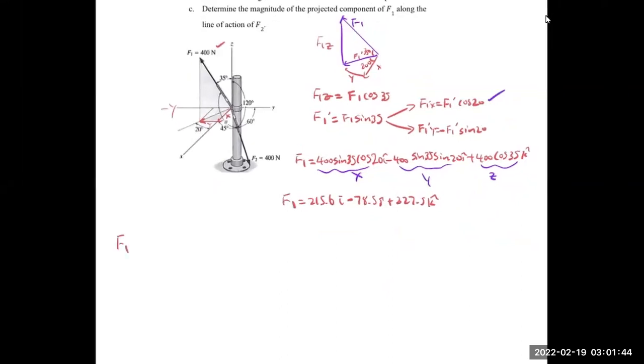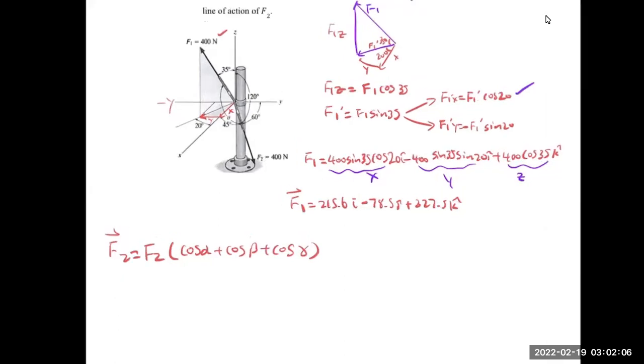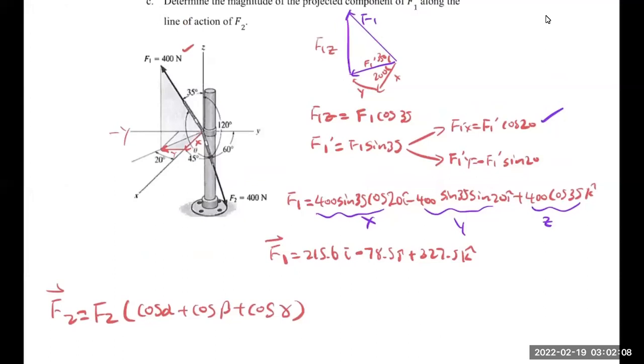I know that my F2 is given by coordinate direction angles, so I will apply the F2 vector equal to cosine alpha plus cosine beta plus cosine gamma. What are my alpha, beta, and gamma? Alpha is from the positive x-axis to F2, which is this 45 right here. Beta is from the positive y-axis, which is 60 right here.